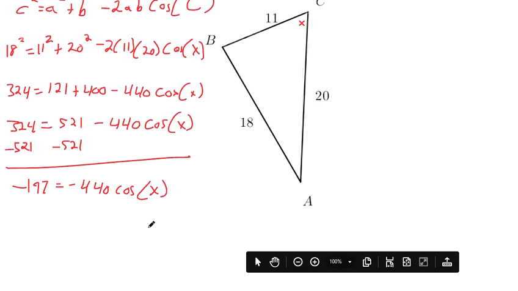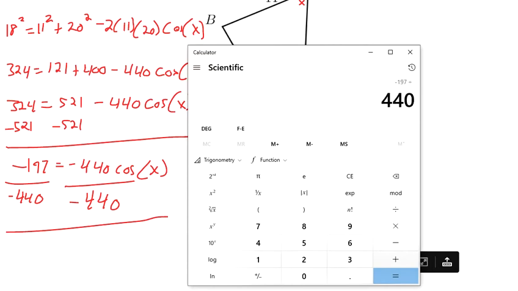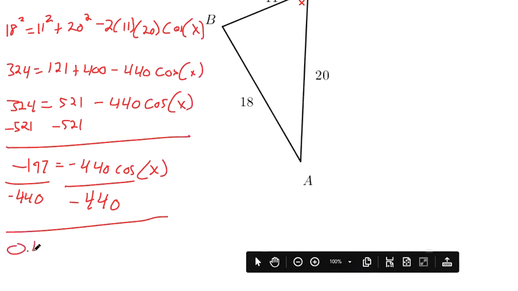So to get cosine x by itself, we got to divide both sides by negative 440. So if we do that, that's 0.4477.